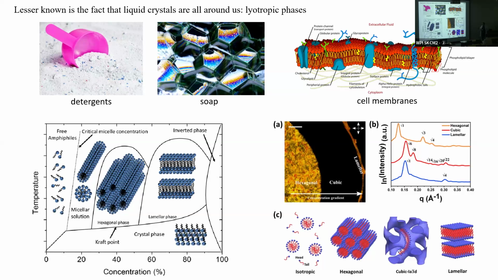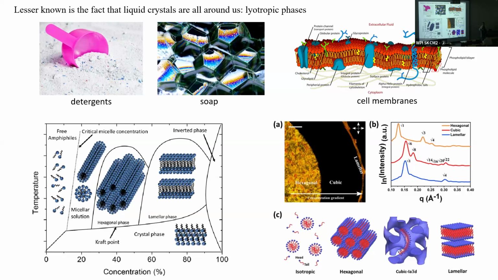So you start out by taking your free amphiphilic molecules, adding them to water, and at very low concentrations, you have free amphiphiles floating around in water. They then, at the critical micelle concentration, agglomerate into micelles like this.